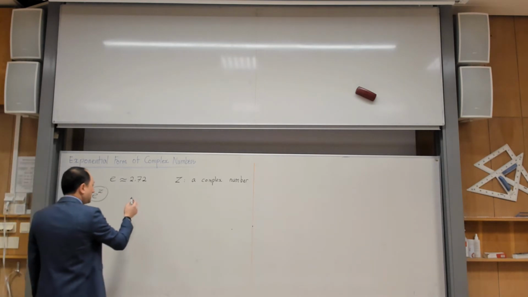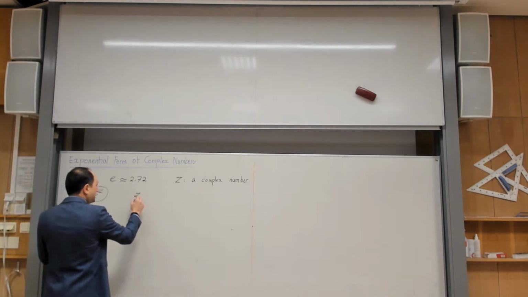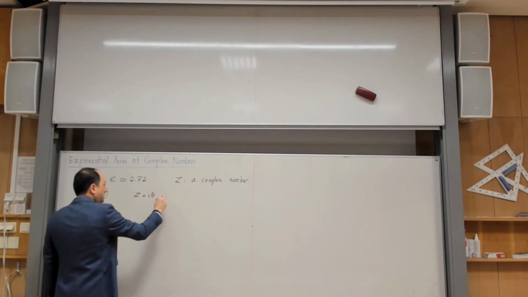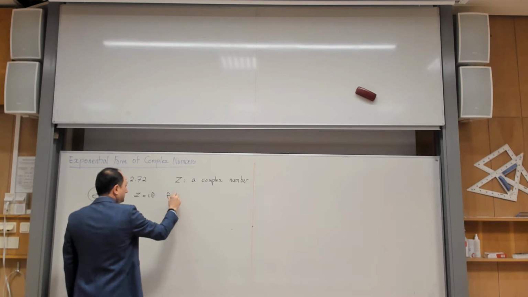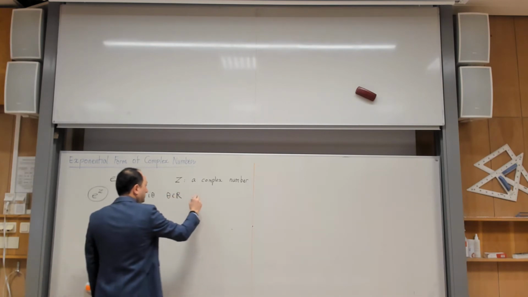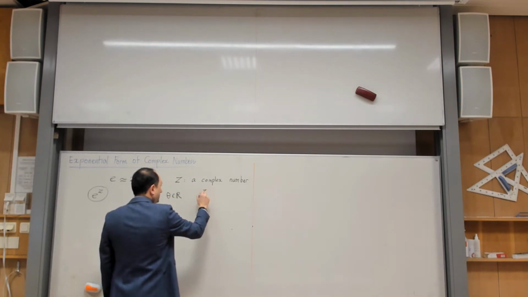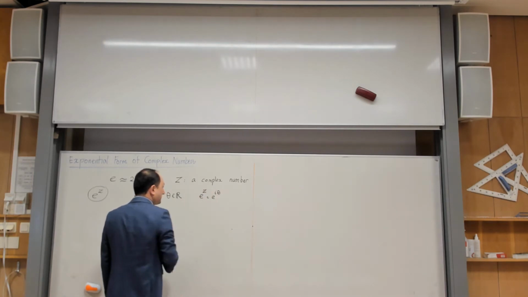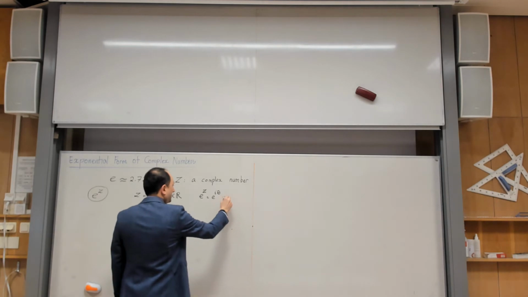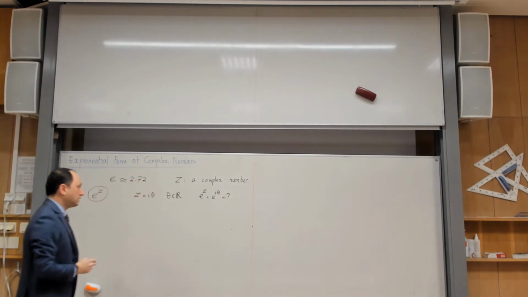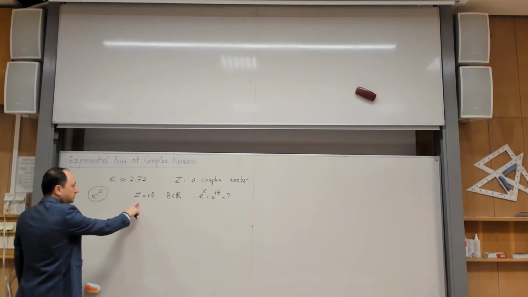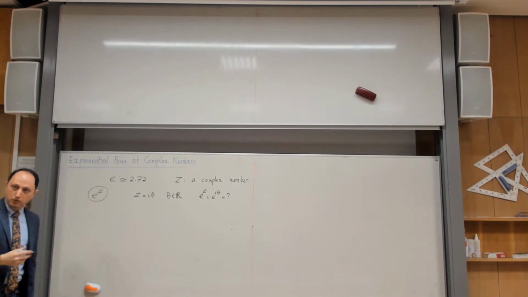So for the time being, let us assume that z is equal to i theta, and theta is a real number. And then we want to see what can I say about f of z in this case, which is e to power i theta. So we want to understand a little bit about e to power i theta. That is a complex number, but a pure imaginary complex number, meaning that its real part is 0.